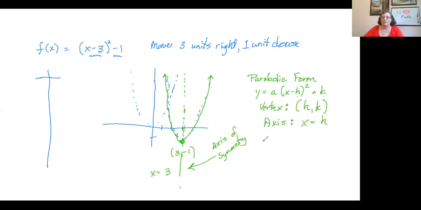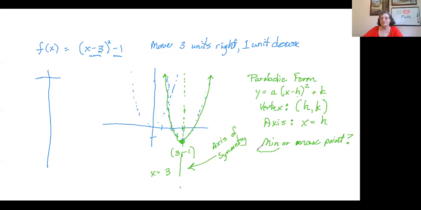This is always going to match the first value from the vertex. This graph also has, like all parabolas, because of their turnaround shape, the vertex is where a parabola is going to have a minimum or a maximum point, depending on whether it goes up or down.